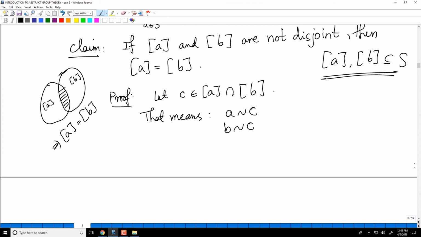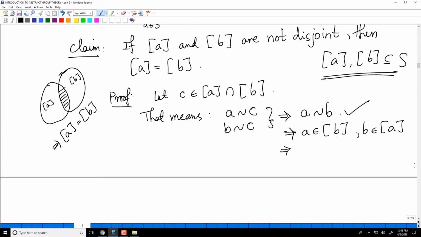Because c is in the class of a, so a is related to c. c is in the class of b, so b is related to c. This implies that a is related to b, because a is related to c, c is related to b. So by the third property of an equivalence relation, a is related to b. That means a is in the class of b, right? And b is in the class of a.